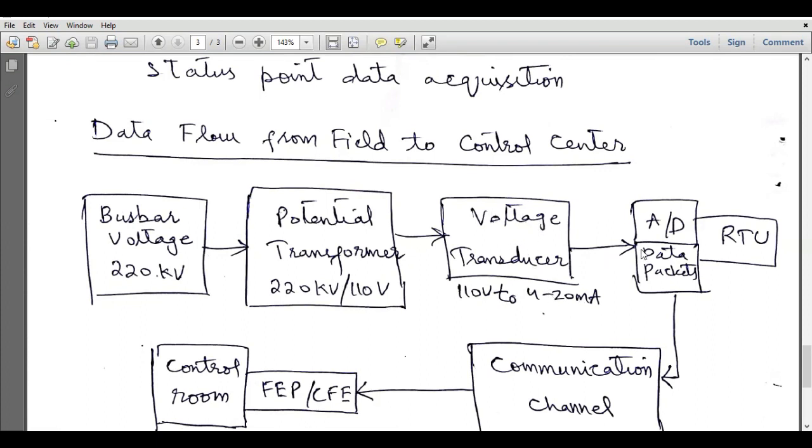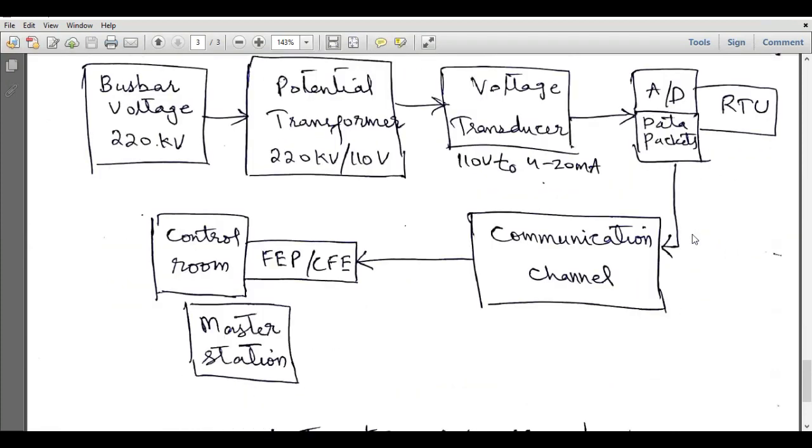Here we have conversion of this analog signal to a digital signal and packaging of that data. That packaged data is communicated to the RTUs, and these RTUs communicate with the control room.